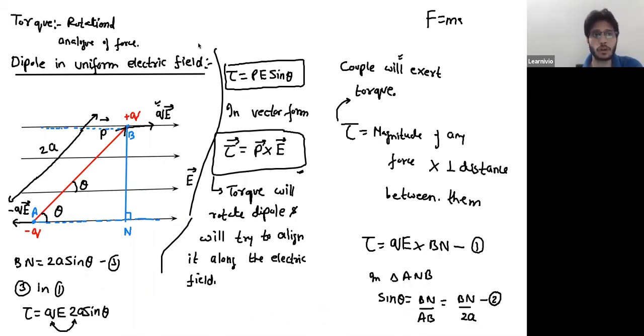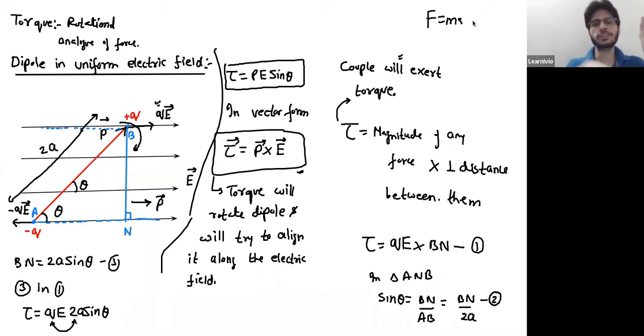That is the motive of the torque. So whenever you place a dipole in a uniform field, a torque will act on the dipole and this torque will try to rotate the dipole and align it in the direction of field. This dipole will rotate clockwise and will try to get aligned in the direction of field. This is how the torque will act on the dipole. So let's summarize everything.